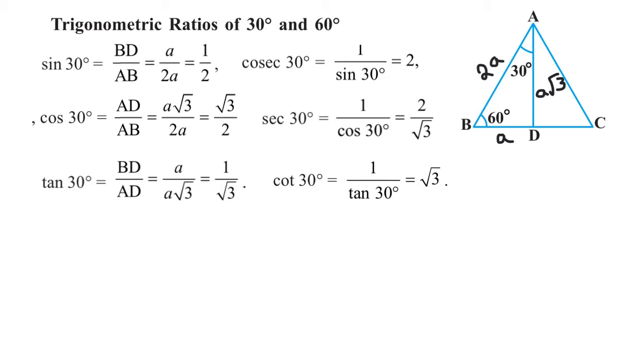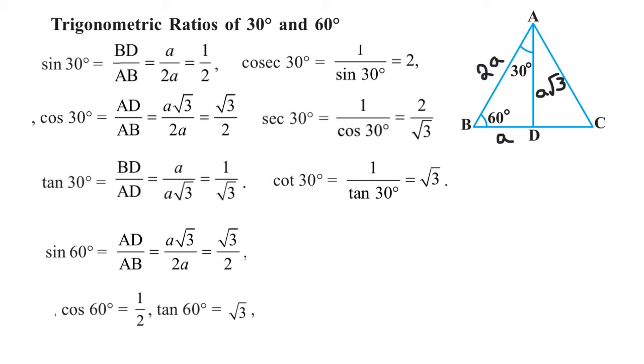Okay, I am displaying the answers for sine 60. It is opposite over hypotenuse, AD over AB, and that's going to be root 3 over 2. Did you get that? Cosine 60 is going to be half, and tan 60 is going to be root 3.